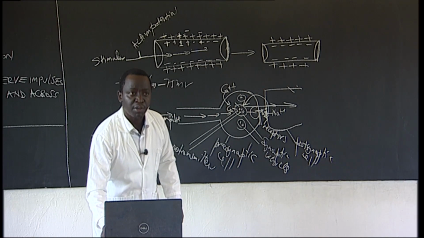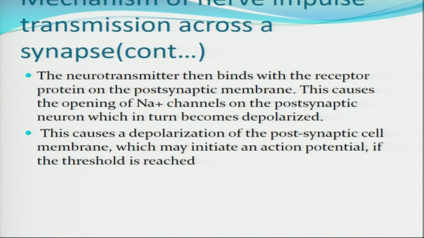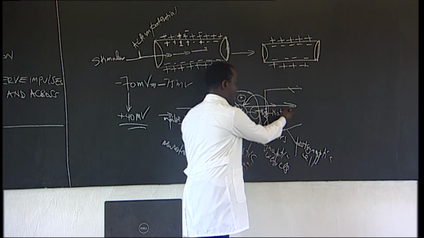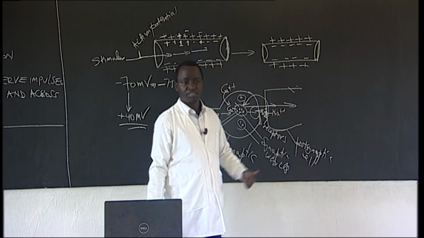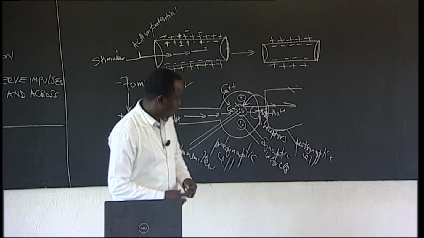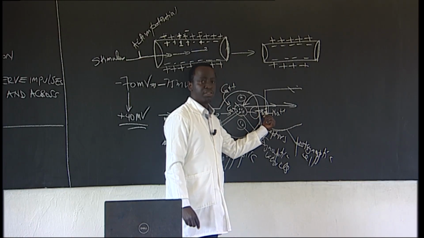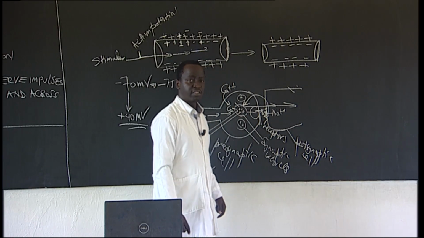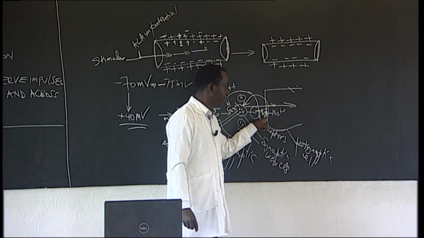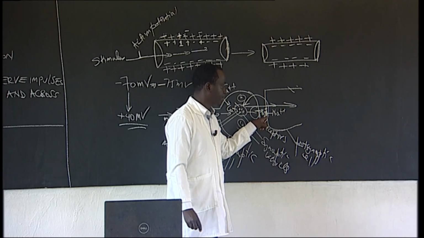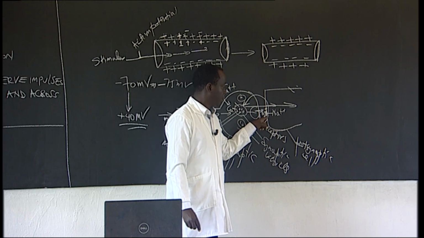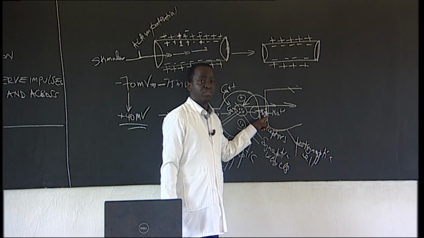Nice. The neurotransmitter binds with the receptor, as I have said, and this causes the opening of sodium ions. When sodium ions enter, our message can now pass. This is what you call depolarization. After depolarization, we need to remove this neurotransmitter. So we have an enzyme called acetylcholinesterase that is going to break down this acetylcholine, for example, one of the neurotransmitters.